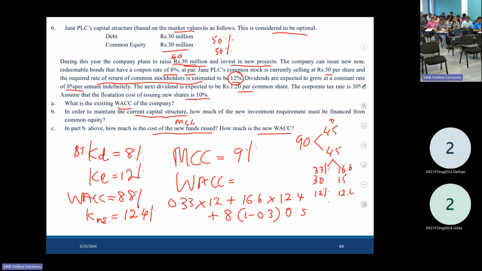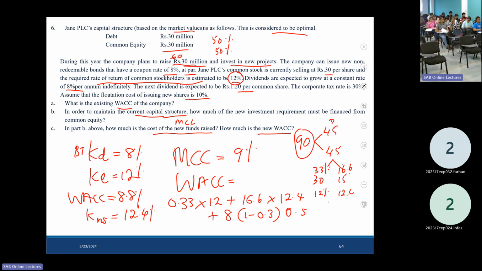This is how this 19 million is financed. What was the financing? From equity 50, debt 50, 50-50. Equity 50, only 30% at the cost of 12%, 16% at the cost of 12.4, stock issue.